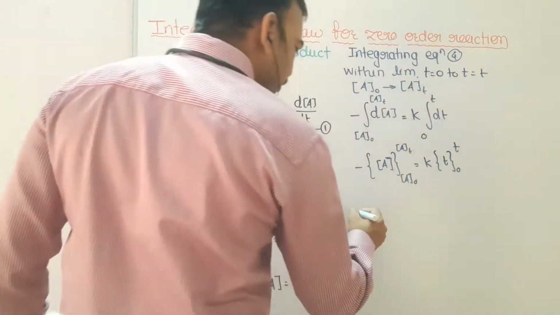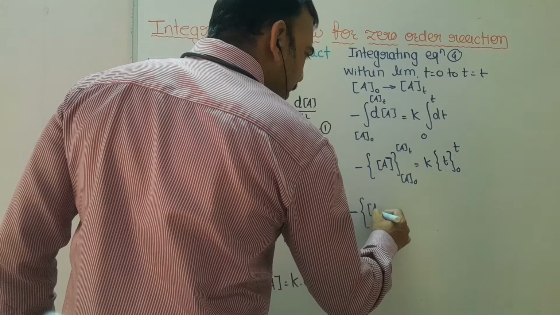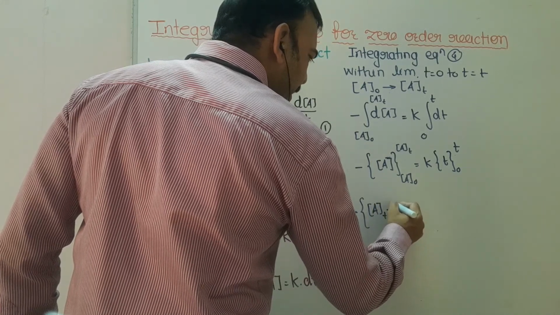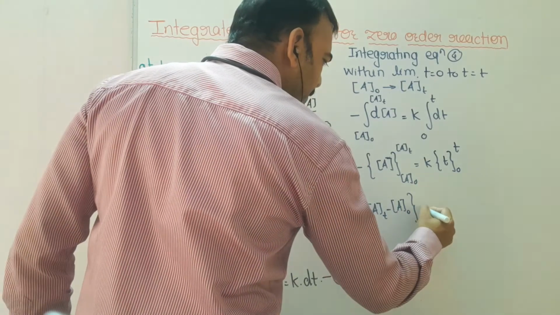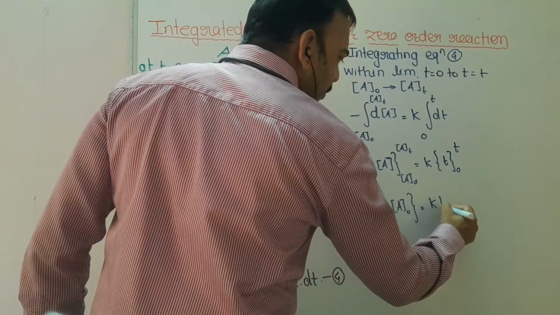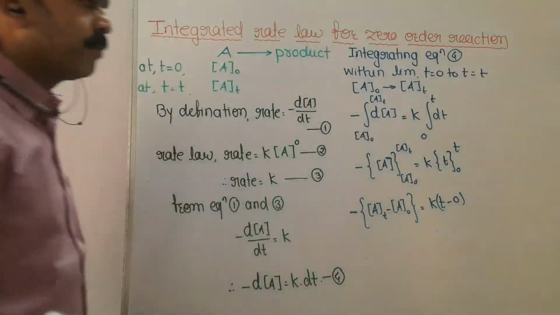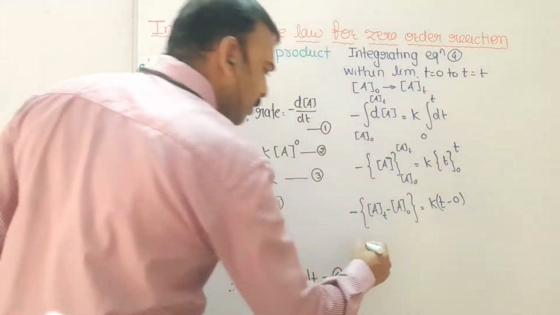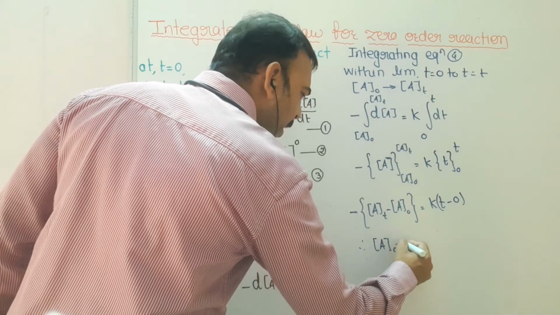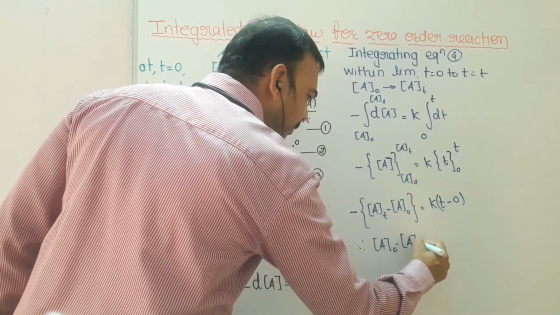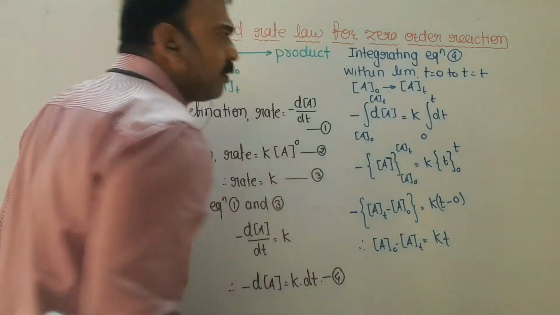Solving this, minus At minus A0 equals k into t minus 0. So therefore A0 minus At equals k into t.